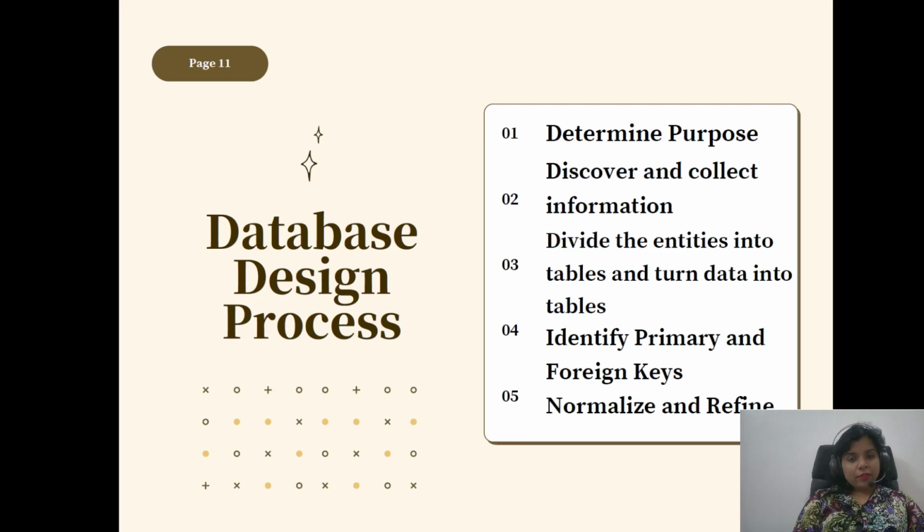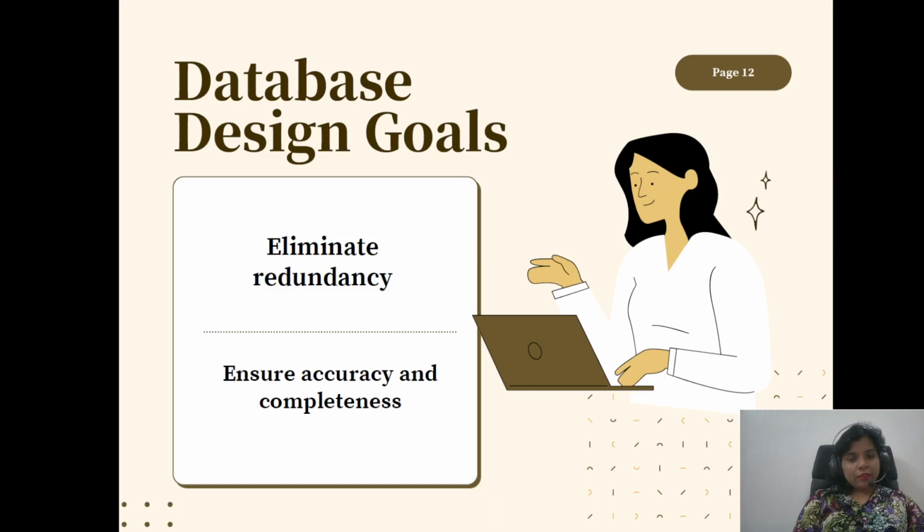After doing all these four steps, we normally proceed with normalization. Normalization is a set of rules that guide us towards maintaining a very good design, and upon following these normalization steps, your tables will get refined. These are the database design goals.